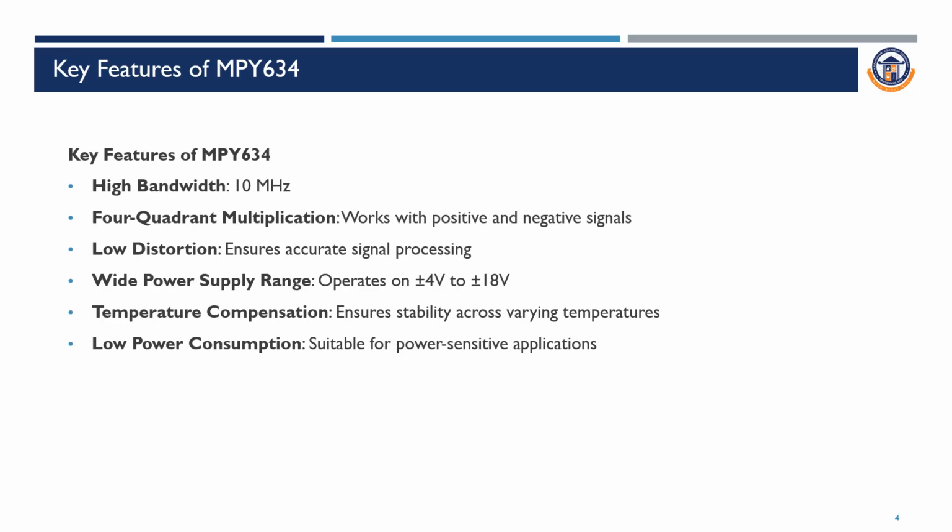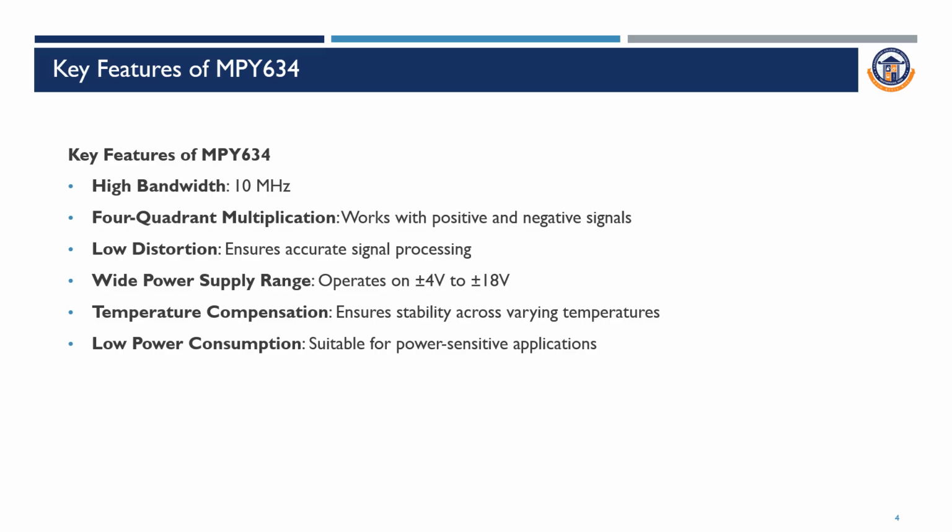Some of the key features: high bandwidth, up to 10 megahertz. And 4-quadrant, as we have already seen, works with positive and negative signals. It produces low distortion, ensuring accurate signal processing, and supports a power supply range of plus or minus 4 volt to plus or minus 18 volt.